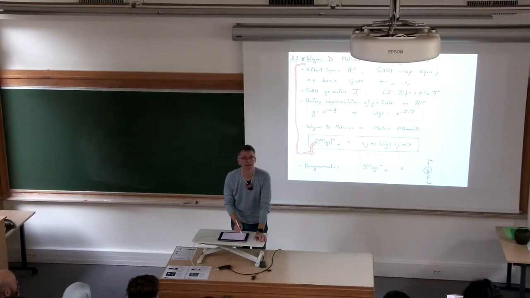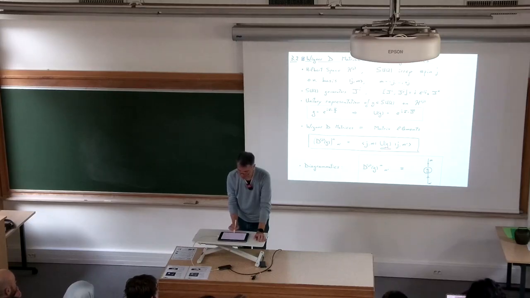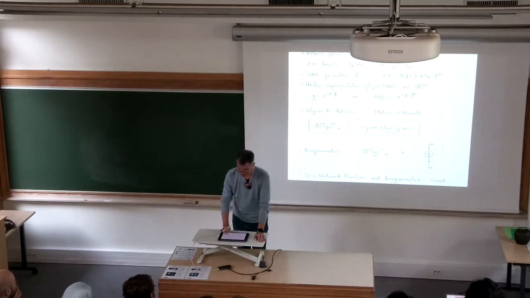You have a group, you have SU(2), you can do a rotation as a 2x2 matrix, you can do the unitary representation, and then you can do the unitary representation of spin j, and this is a Wigner matrix, with indices m and m'. You can think of it as the matrix element of this thing between j, m' and j, m.